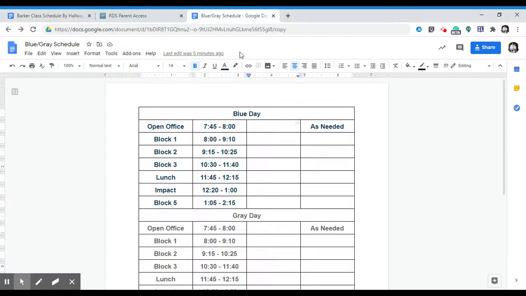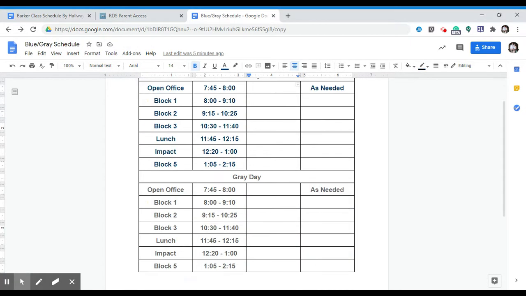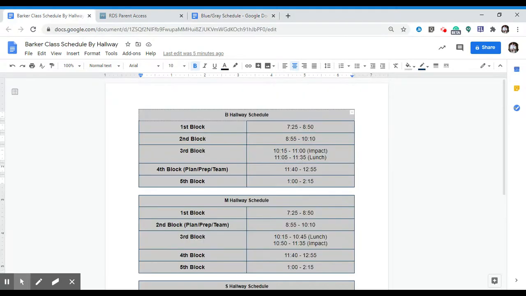But when we went to online learning, we have the same lunch and the same impact for everyone. So a little different. We didn't want to change it in RDS because our goal is to obviously get back to school in person, and to change everything would just be a ton of work, a ton of switching, and it would make it really, really confusing when we came back.